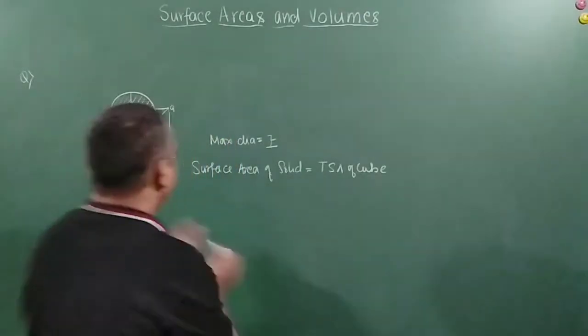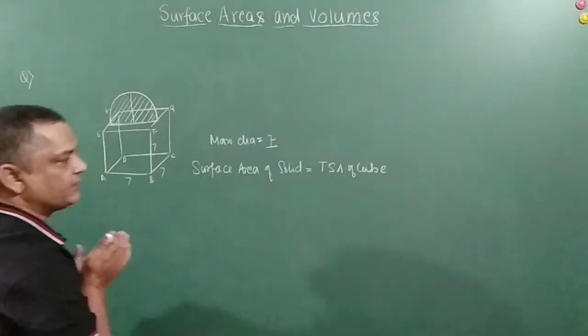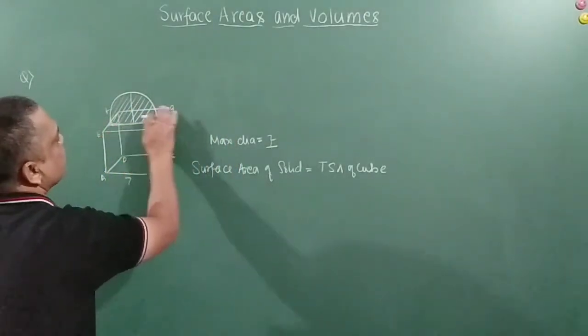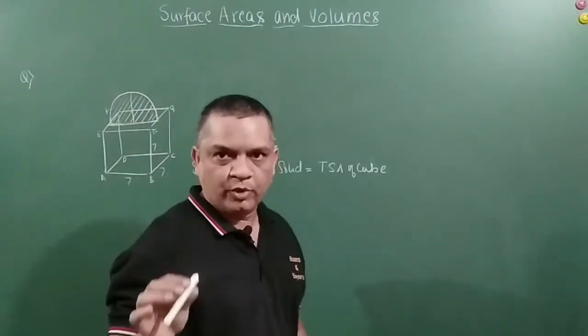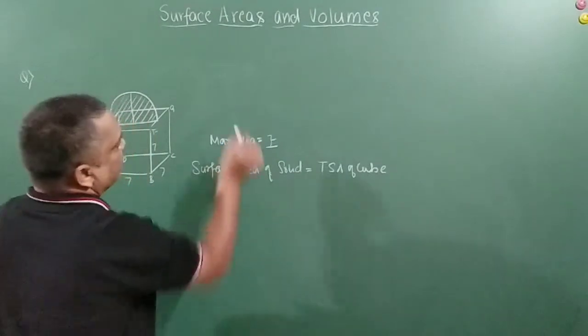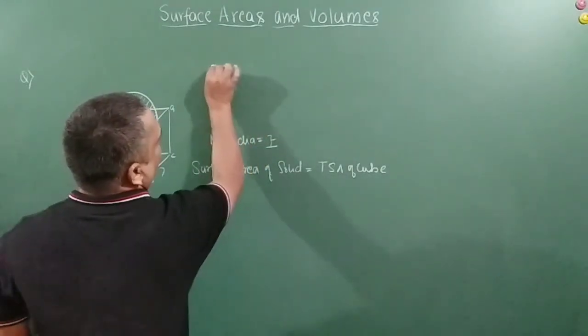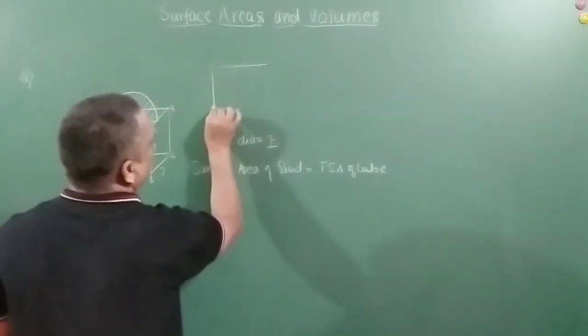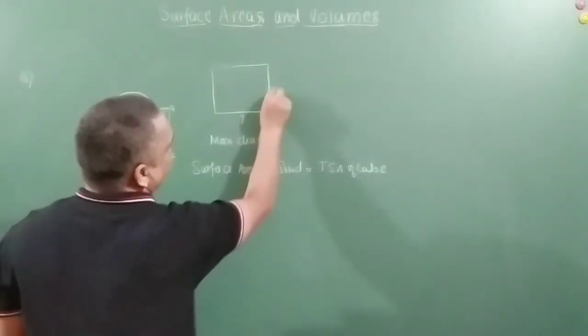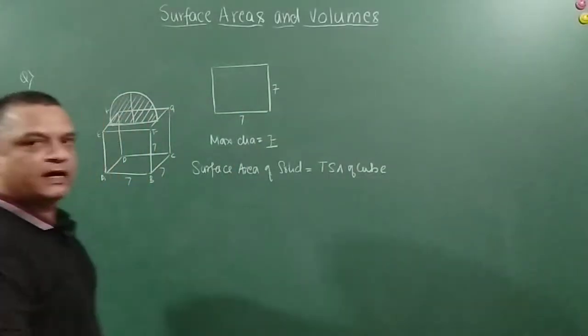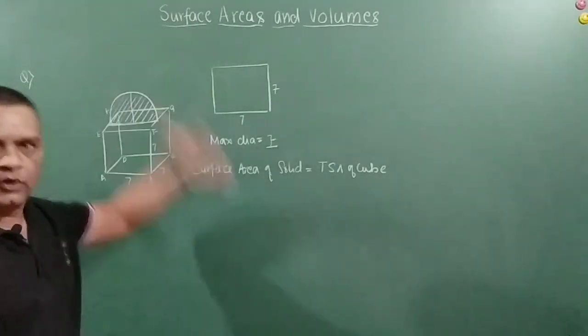So when we have considered the total surface area of the cube, I have actually considered the top portion also. But top portion, let me just try to reproduce here for your better understanding. Top portion is nothing but a square of 7 and 7, correct? Top view, I am talking about top view.